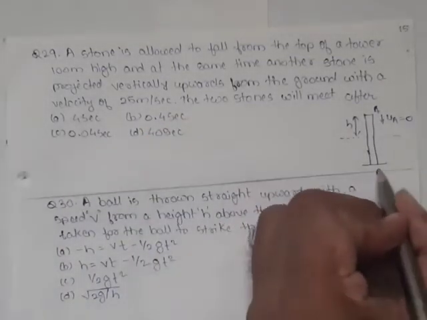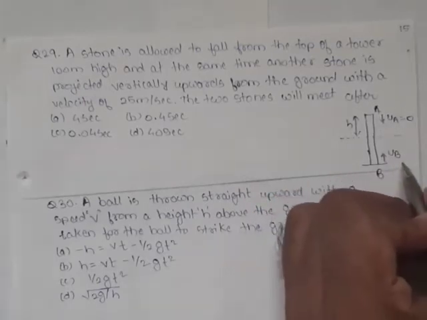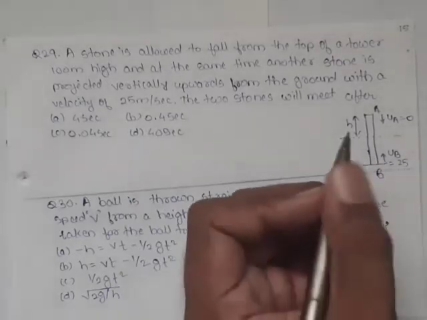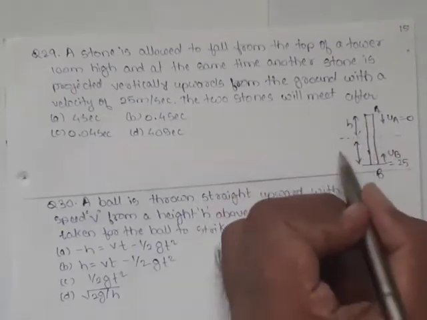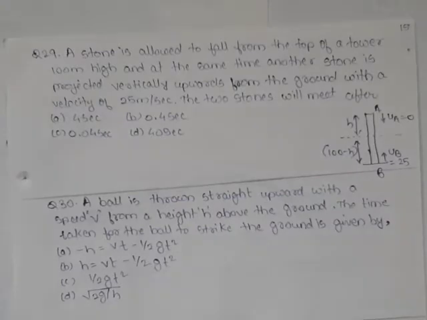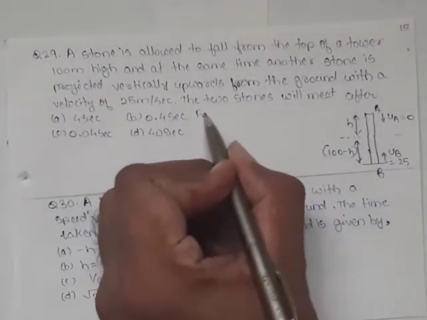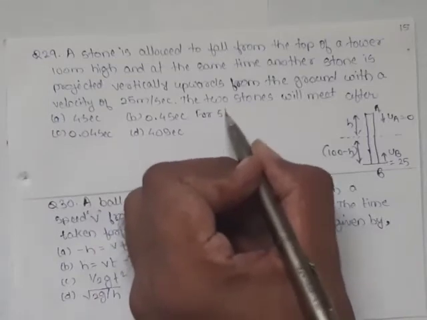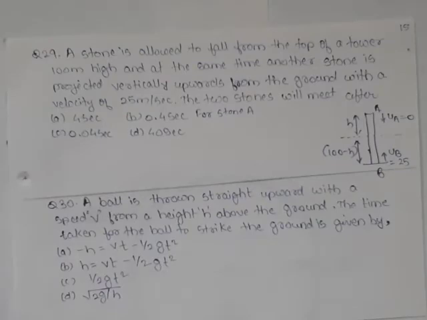At point B, another stone is thrown with initial velocity ub. It is given, it is 25. It will reach the meeting point by traveling a distance. Total height of the tower is 100, so it will travel distance 100 minus h to reach the meeting point. So for stone A, we know the formula S equal to ut plus 1 half at square.